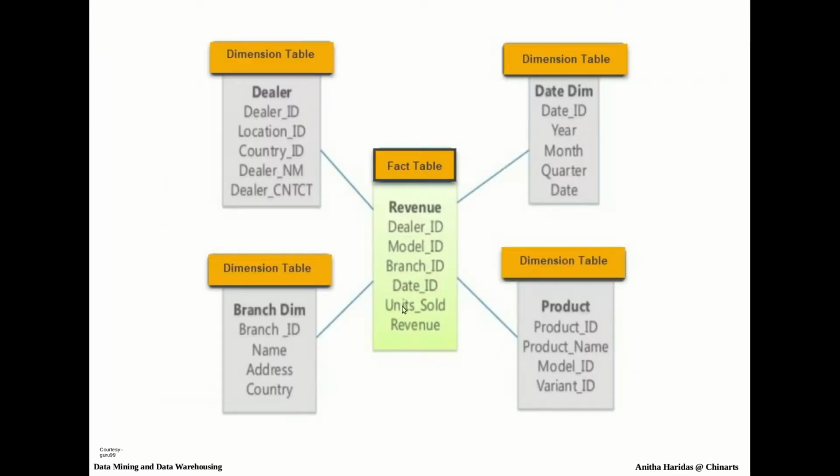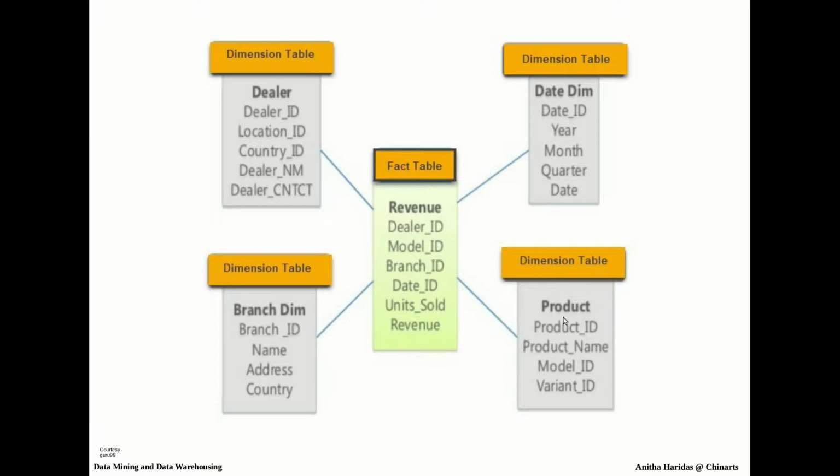We have a fact table and 4 different dimension tables: dealer, date dimension, product dimension and branch dimension. For the dealer dimension, I have a primary key here which becomes a foreign key, and for the branch I have branch ID as the primary key, that becomes the foreign key here.